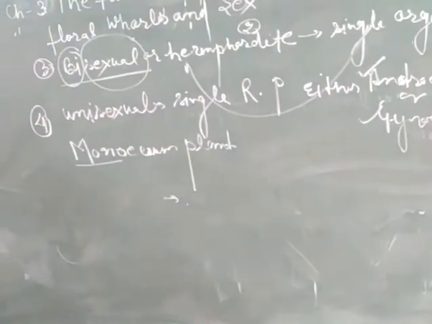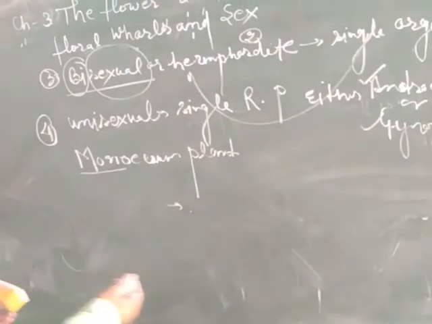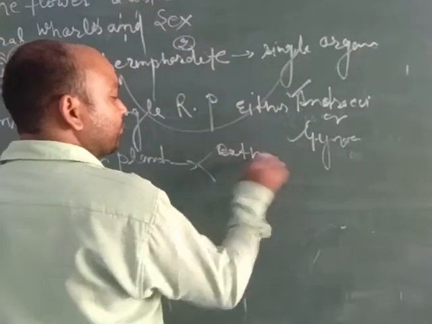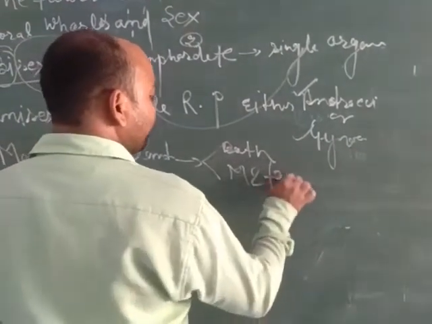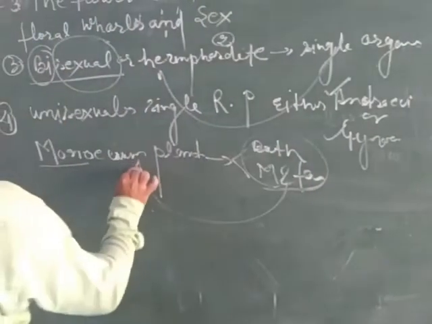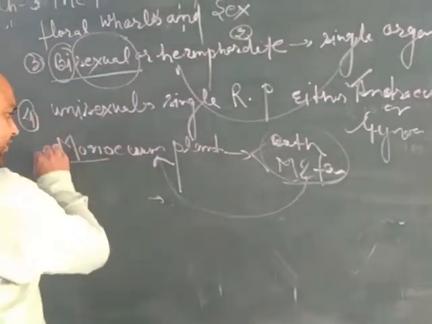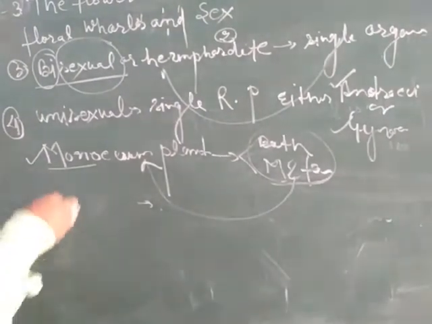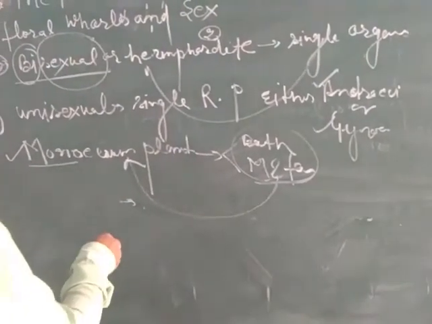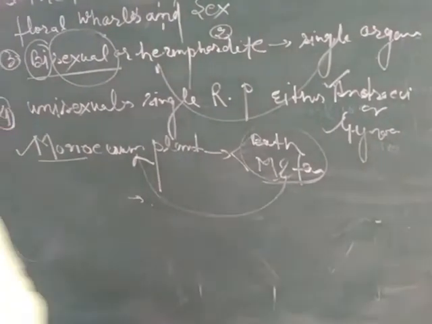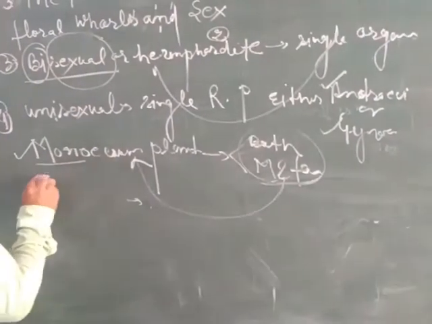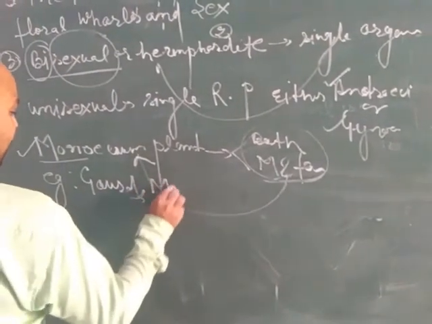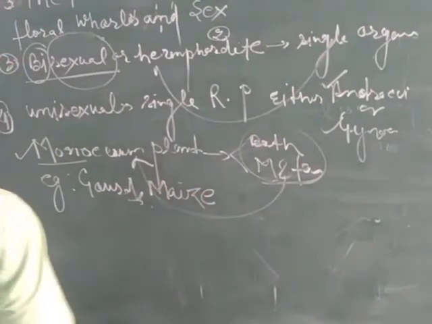When both male and female unisexual flowers are present on the same plant, this situation is called a monoecious plant. Examples: gourd and maize are examples of monoecious plants.